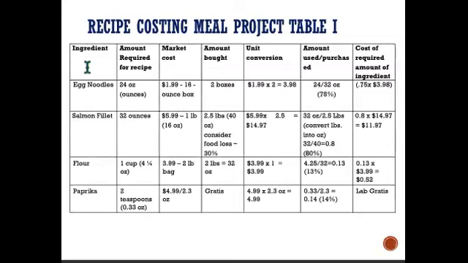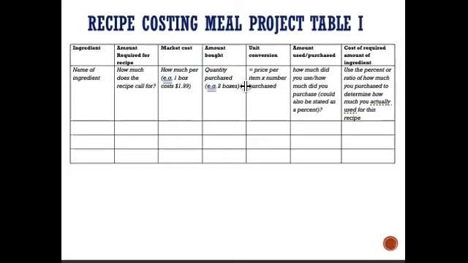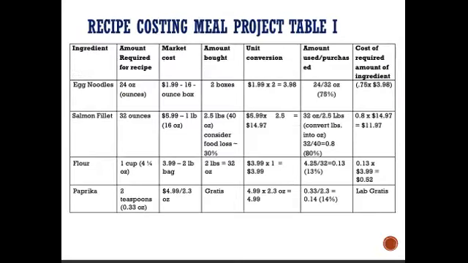So here's an example. When you finish your table, do not include this row right here, but you will do the calculations that follow. Let's say you bought egg noodles, and you only need 24 ounces of egg noodles for your recipe.